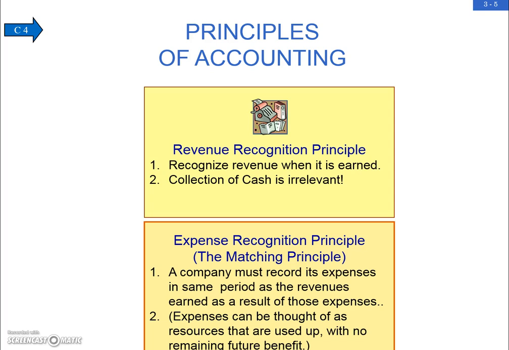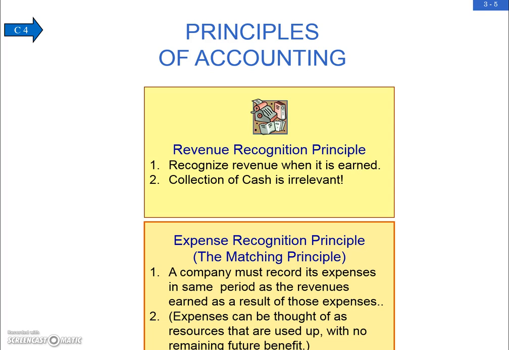So if it's a service we're providing, once we have provided that service completely, we must record revenue into our accounting books. By the way, in chapters 1 through 4, we're only going to be dealing with service companies. Not until after the midterm exam will we start dealing with merchandising companies, which buy and sell products, not just services. So for now, all we have to worry about is services, and we recognize revenue when we have provided our service. We've done all the work we need to do.